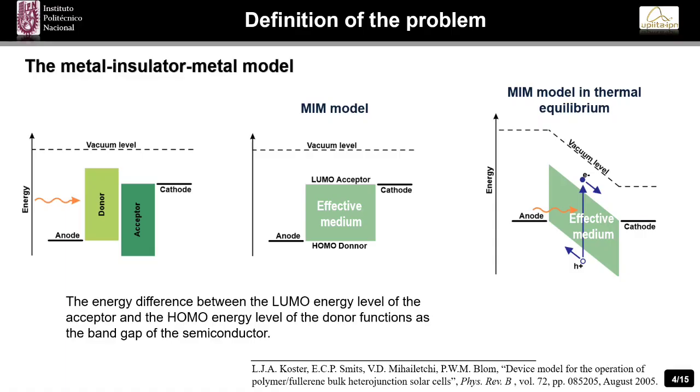Many experimental results have been explained. However, there are other aspects that this model cannot describe, such as the morphology properties of the active layer. So instead, we propose a model that takes into account the properties of the morphology.